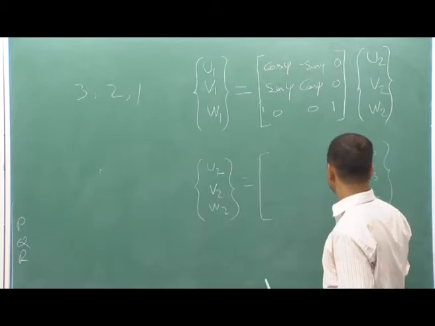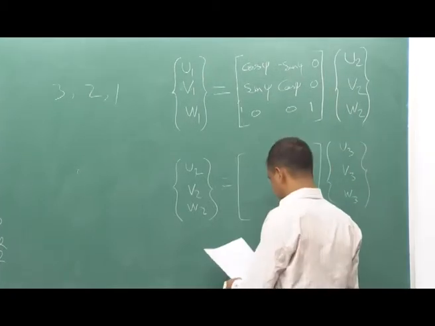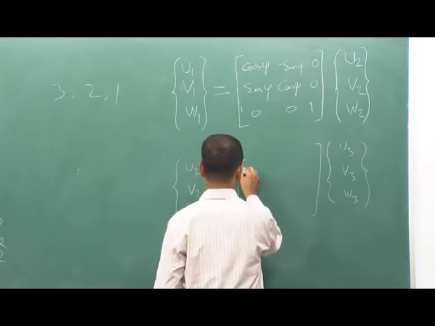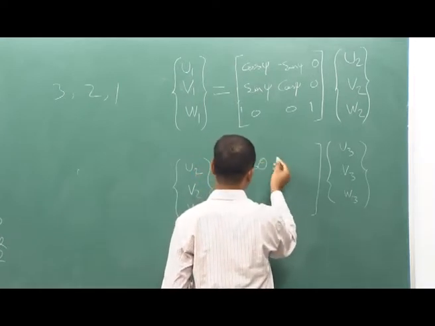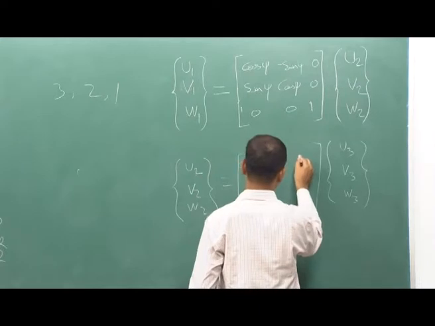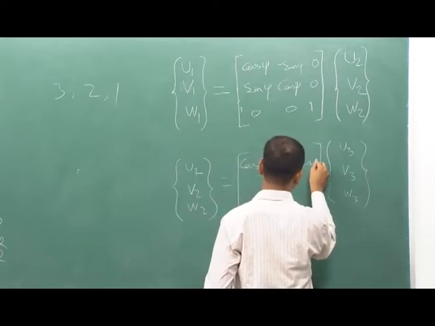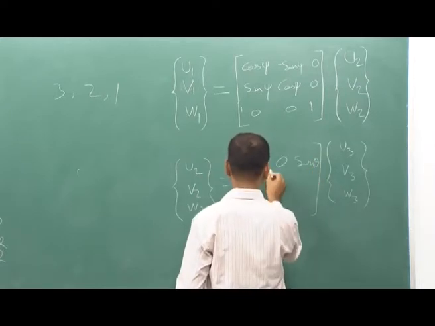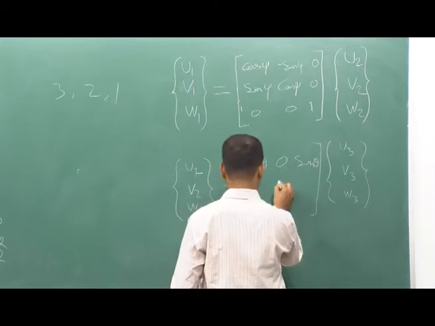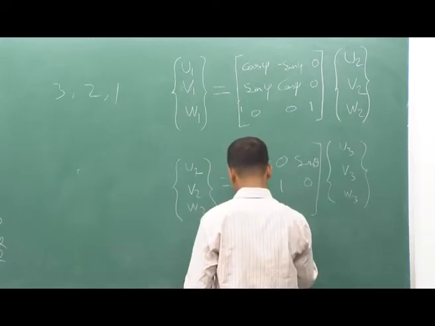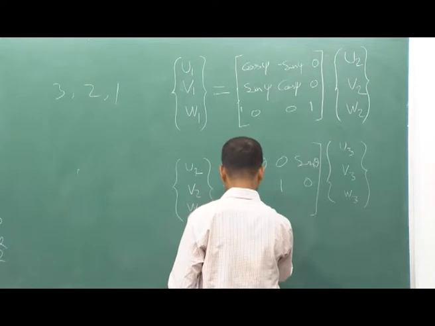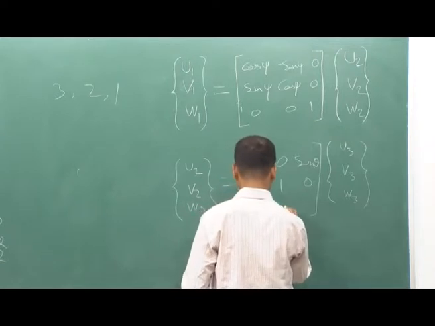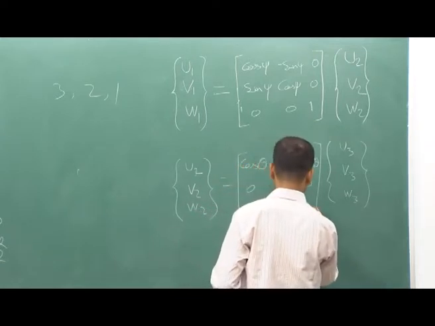This is in the second intermediate frame, and for this we get the matrix due to the theta rotation: cos theta, 0, sin theta; 0, 1, 0; and minus sin theta, 0, and cos theta.